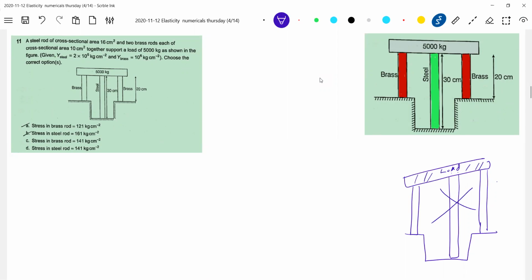If it were this way brass, this way steel, okay, chances are there. But this is not possible. Okay, let's come to this one.